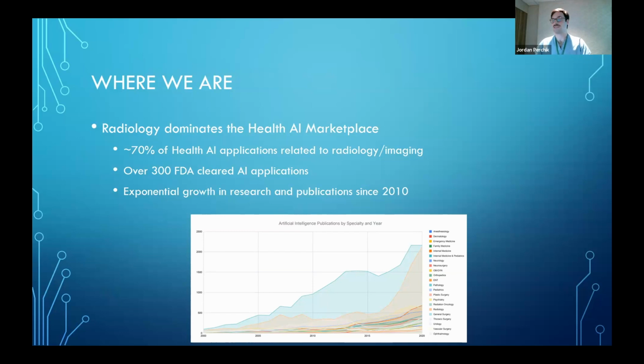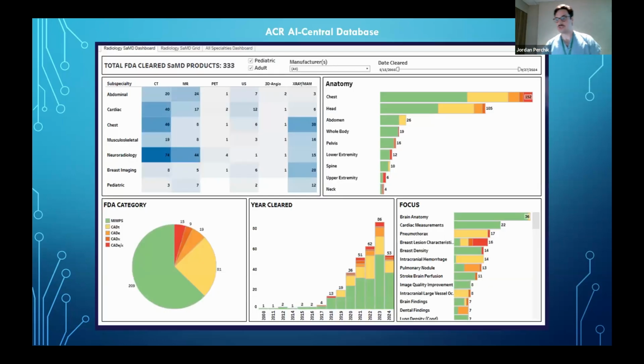Just the last time that I gave this, I had over 250 FDA cleared applications, and in about 6 months or so, it's jumped up to 300. So it's been an exponential growth in the number of AI publications, translating into an exponential growth in FDA cleared applications. And this is one of the best resources that we have in radiology to stay on top of the AI marketplace.